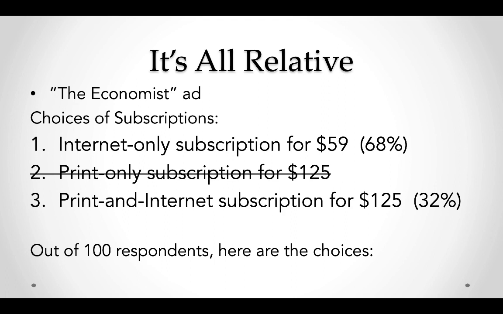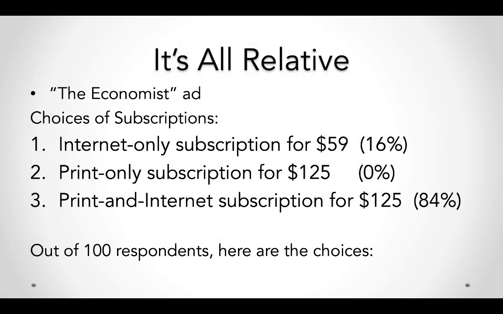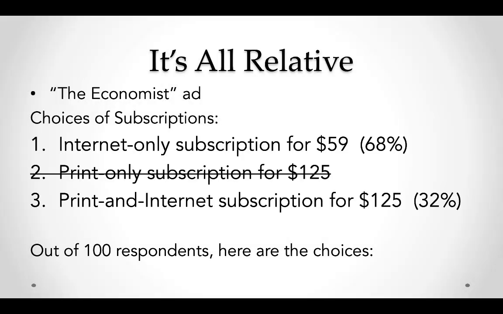You see, option number 1 now, internet only for $59, is the majority, and the print internet subscription for $125 is now in the minority. So again, when choice number 2 was present, although nobody bought it, it moved people into buying choice number 3. When it was removed, it switched.